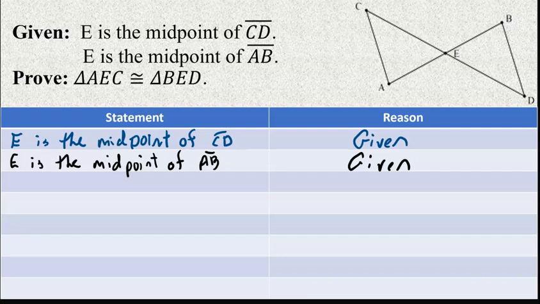So if E is the middle of this line, that means that line CE is congruent to line ED. And again, I'm just going to use the language from the given.